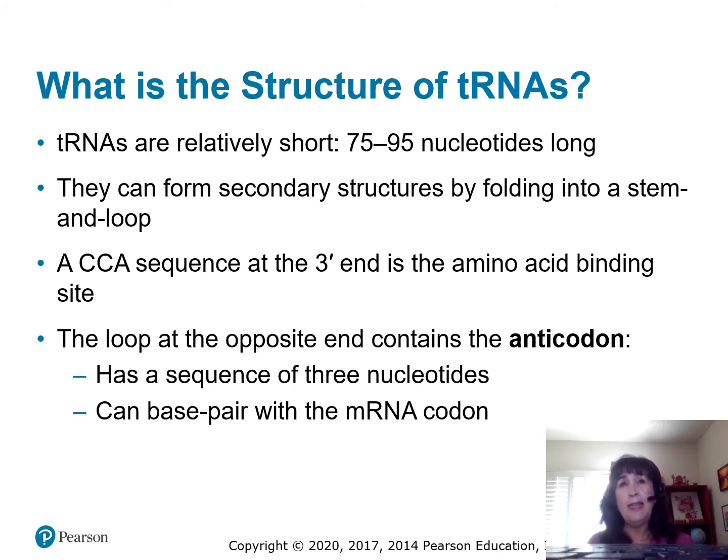At the opposite end of the upside down L, there's a loop that contains the anticodon. This anticodon matches to the codon found on messenger RNA. This is how the transfer RNA knows to land in a specific place, because it has the anticodon that complements the codon.